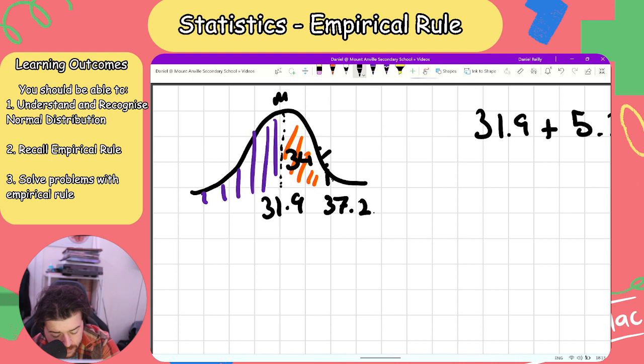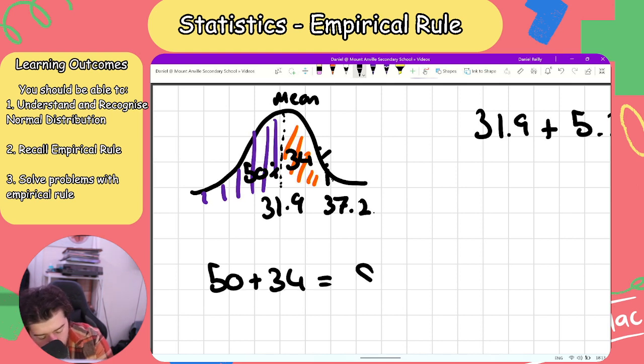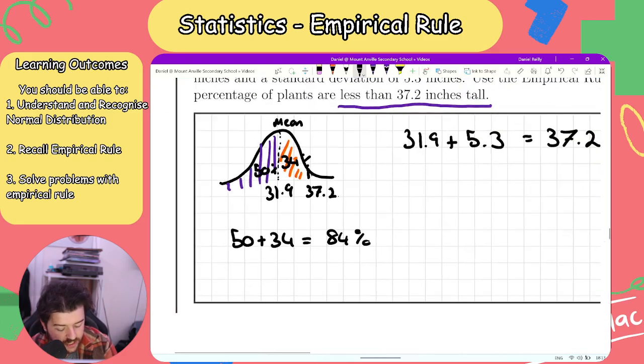But remember, this is my mean, and my data is symmetrical around my mean. So that means this is equal to 50%, if you can see it, right? So therefore, it's 50 plus 34, which is equal to 84%. So 84% of my data lies below 37.2 inches.